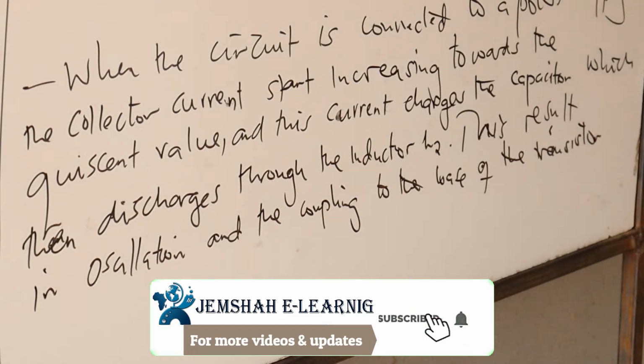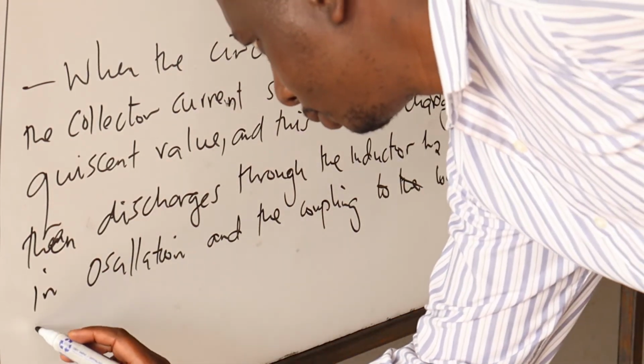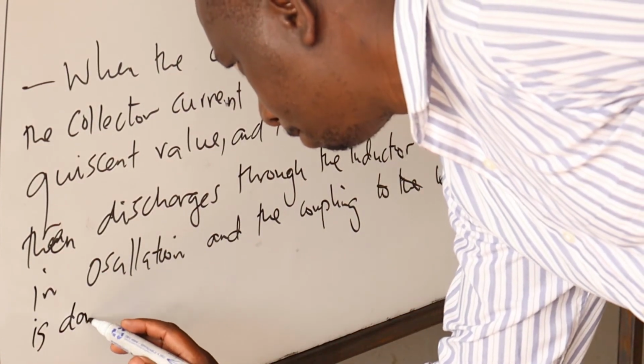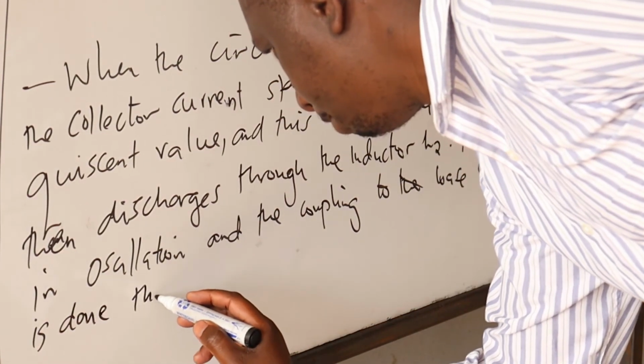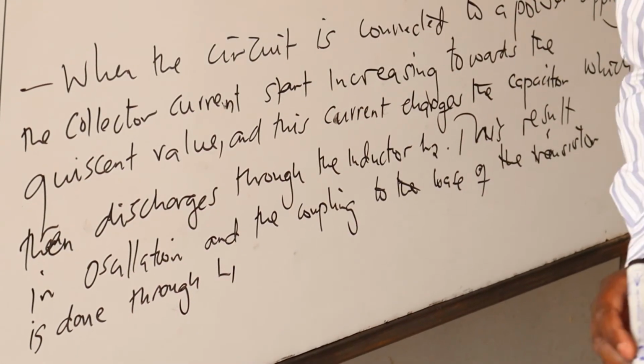The coupling to the base of the transistor is done through L1.